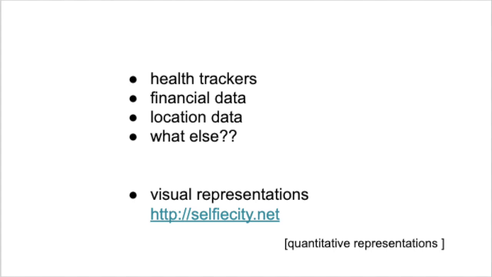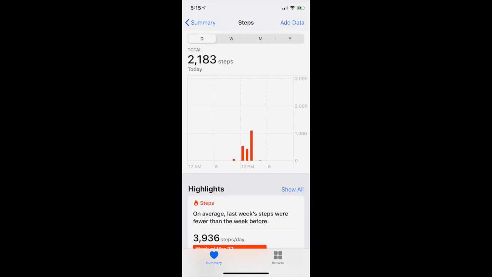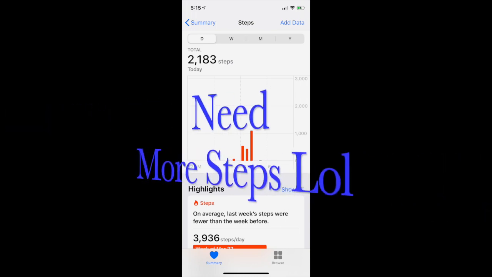The main things that you might think about are health trackers, like Fitbits, or apps that log your run, financial data, all of your credit cards, all of that information, location data. There are tons of ways that we see ourselves represented by numbers.